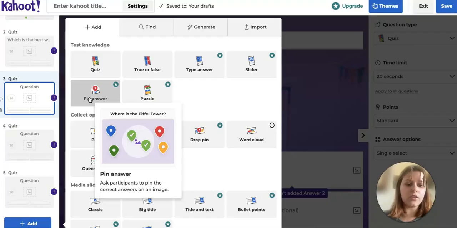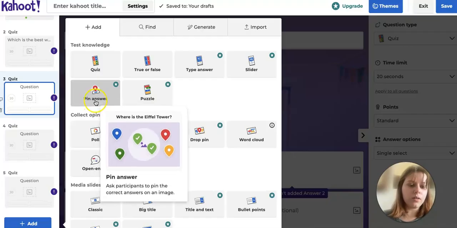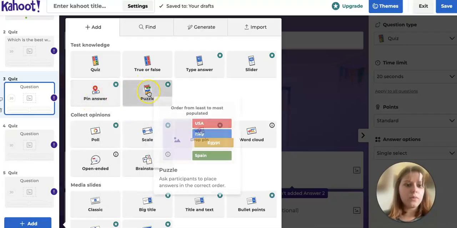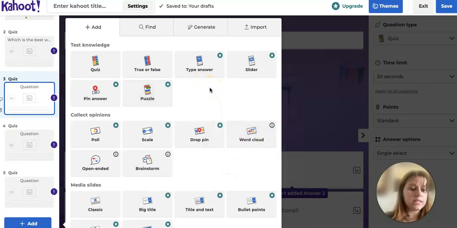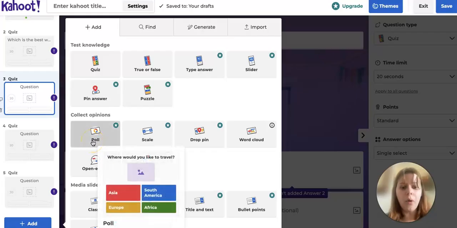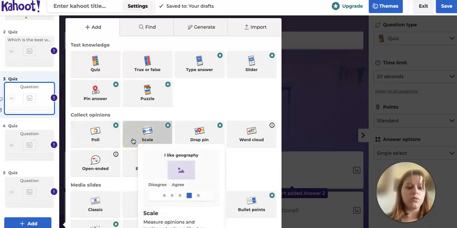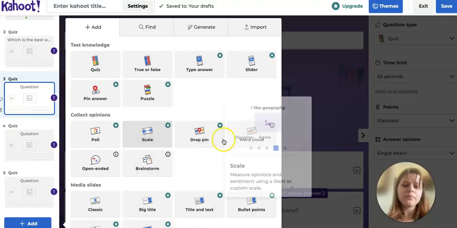You can pin your answer to the image. You can put the puzzle pieces in the correct order from least to greatest, or smallest to biggest, or whatever the question is. You can do a poll. You can do a scale, which is kind of like the slider.